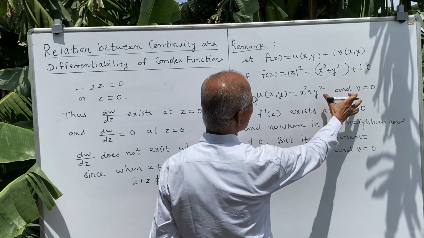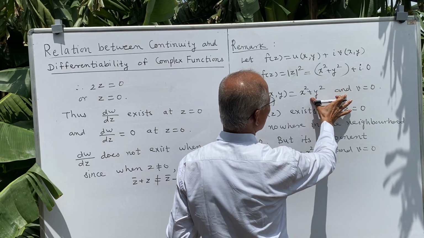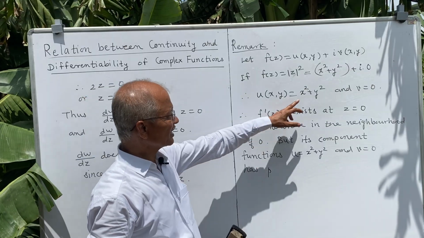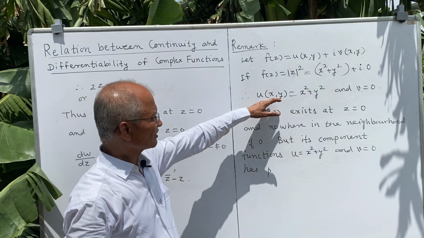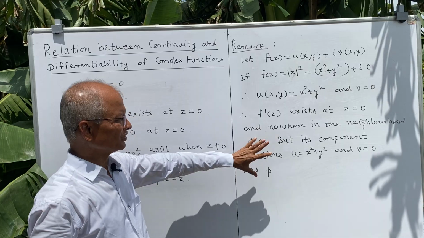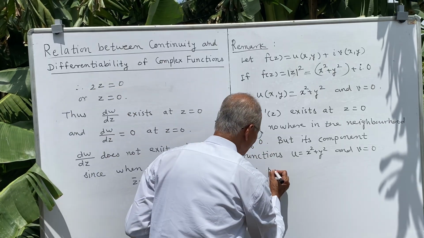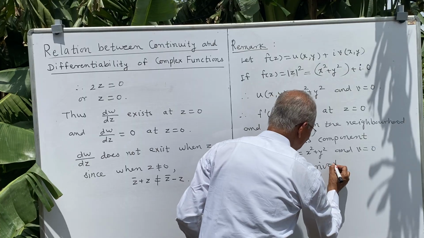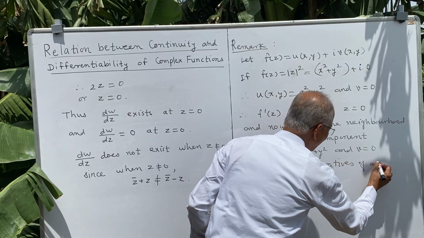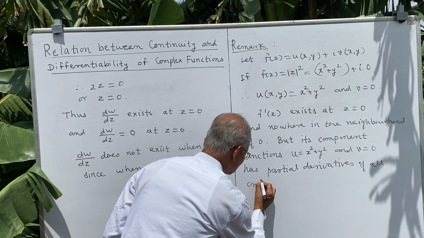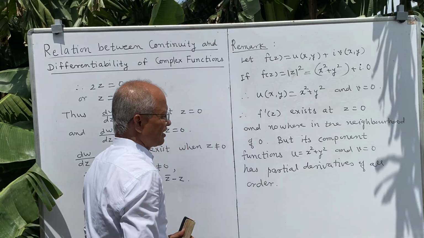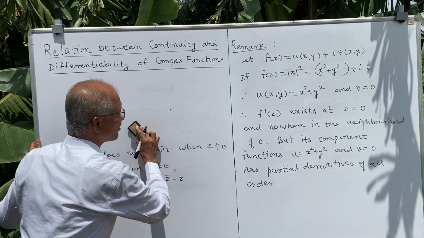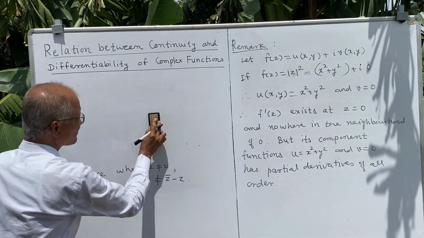The partial derivatives exist with respect to x and y, but this function is not differentiable. Partial derivatives exist at every point, but the derivative of f of z does not exist except at 0. And what about the continuity of f of z?